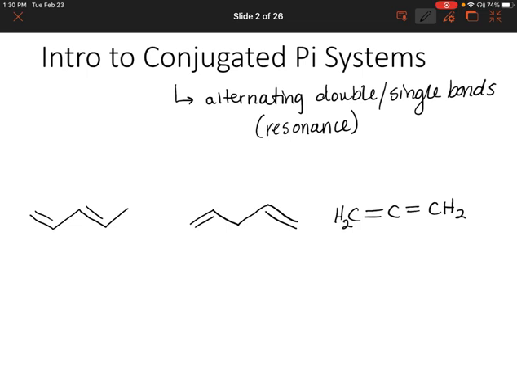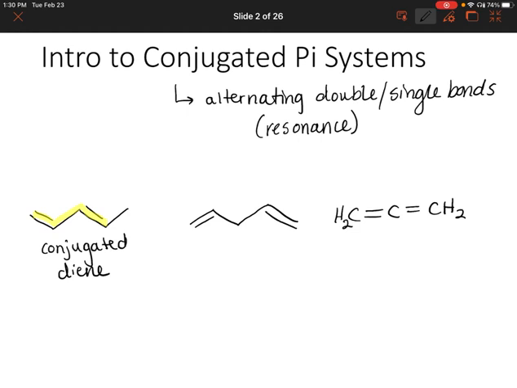All right, so looking at the first molecule, we have alternating double and single bonds. So we have two double bonds that are separated by one sigma bond. So that is a conjugated diene. Now, next to that, we have two double bonds that are separated by more than one single bond.